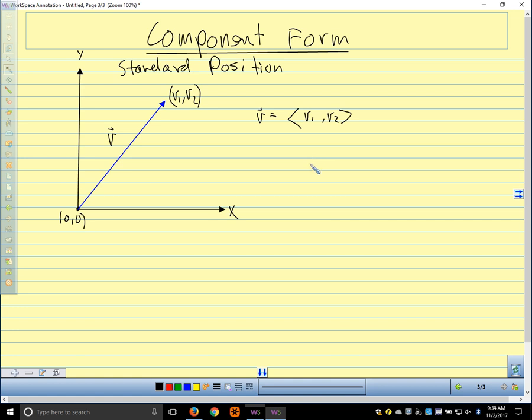We call v1 the x component, and we call v2 the y component. And when we write our vector like this, this is component form.